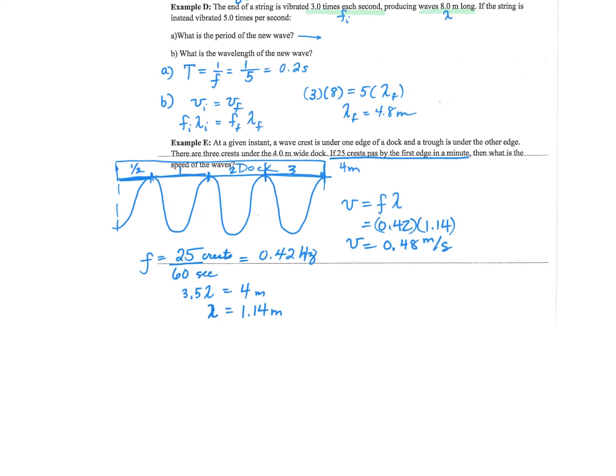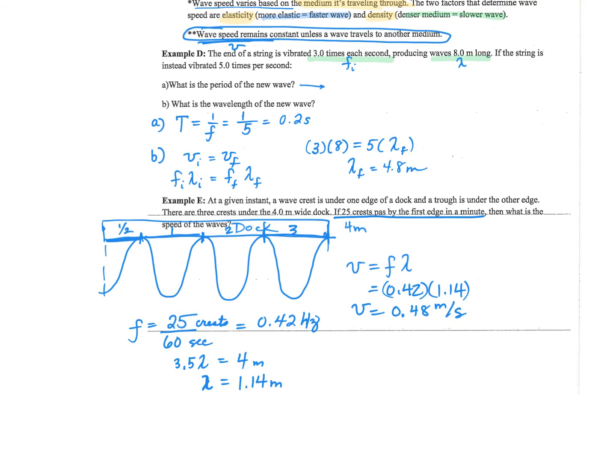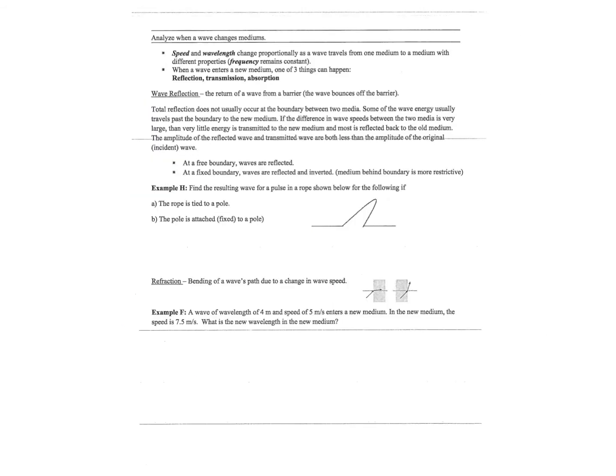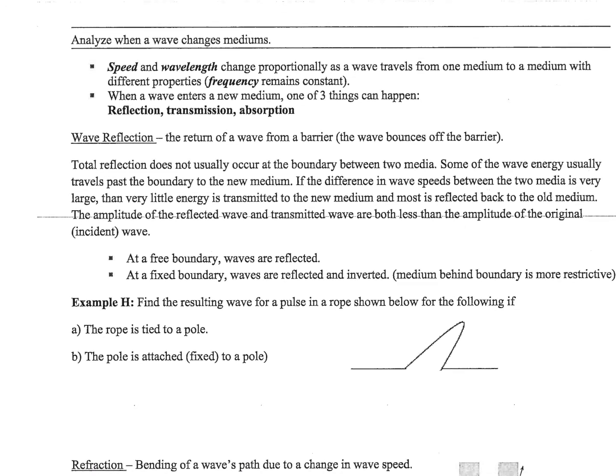So now, everything we've looked at so far is wave speed remains constant when it doesn't change medium. So what happens if it starts to change mediums? What do we know? Speed and wavelength change proportionally. Think about it. Doesn't that make sense? If you're going from one medium in which it's going a certain speed and has a certain wavelength, and then you change to another medium that has a different speed and a different wavelength, within that medium, though, it's not going to change, is it?